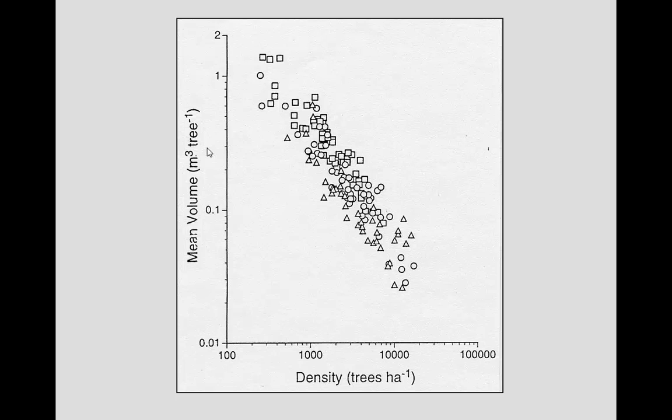Now, that doesn't mean that site quality isn't important. It is, but not in terms of size-density relationships. So there's the boundary line, and we would use this boundary line whether we were working with lodgepole pine on a good site or a poor site.